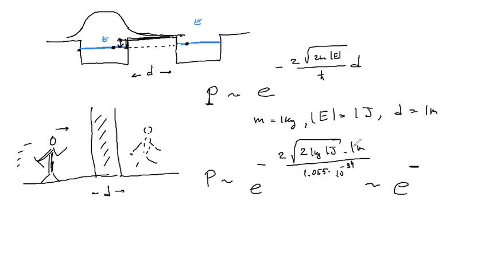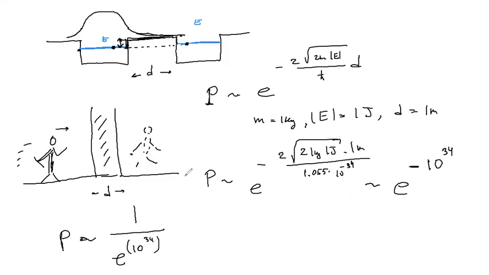Forget about constants. Just calculate the power of 10. What is the power of 10 of this? 34. 10 to the power 34 or something. So the probability would be 1 over exponent 10 to 34.